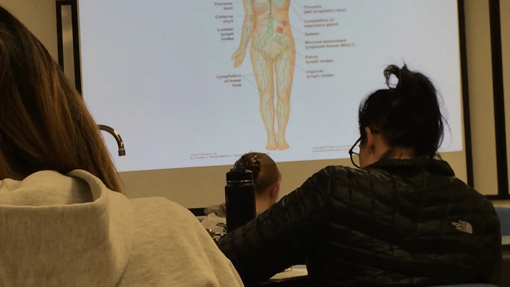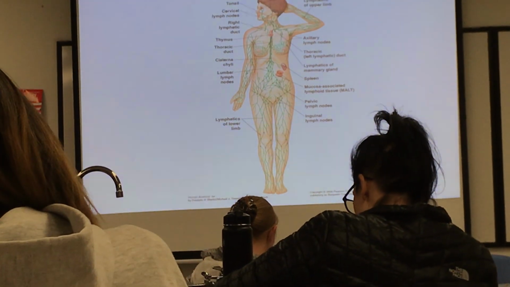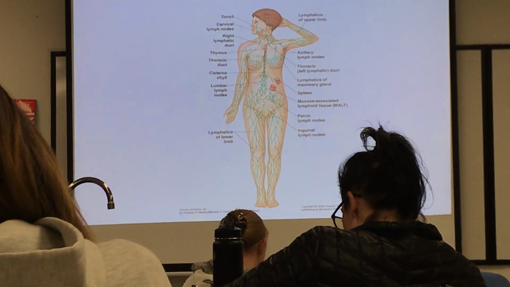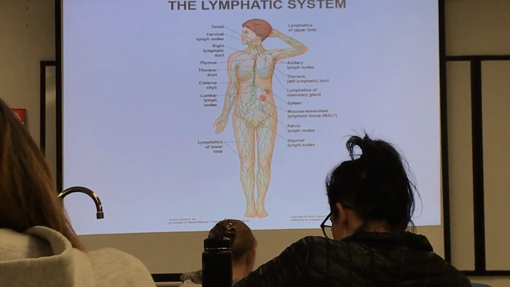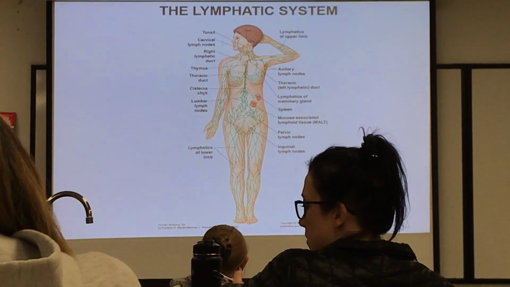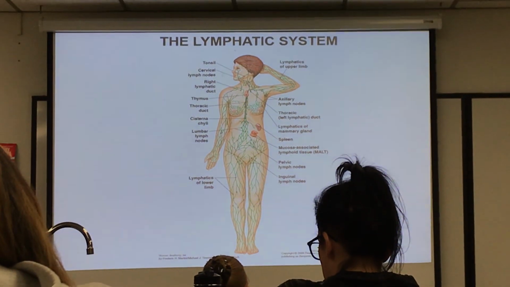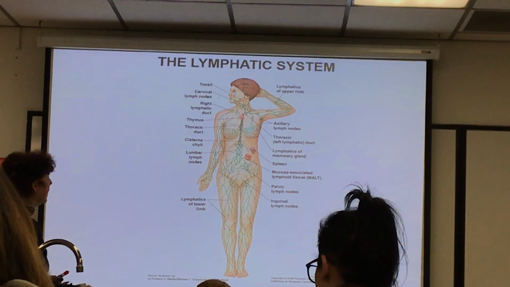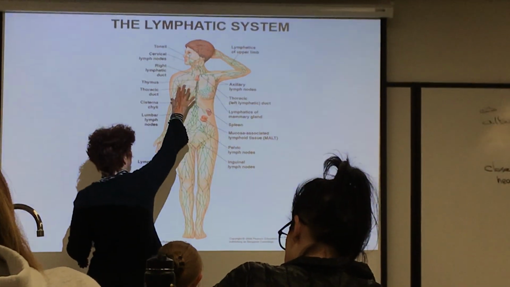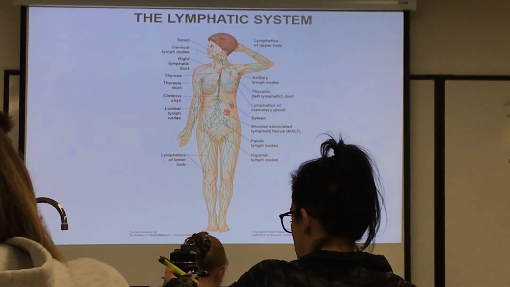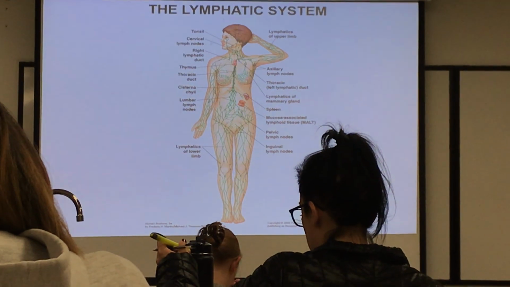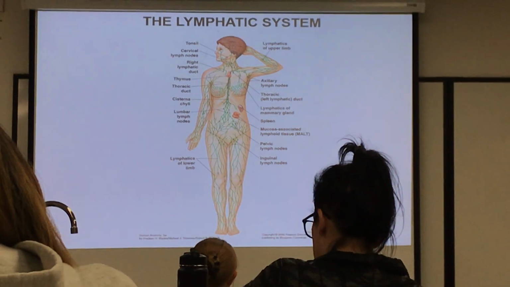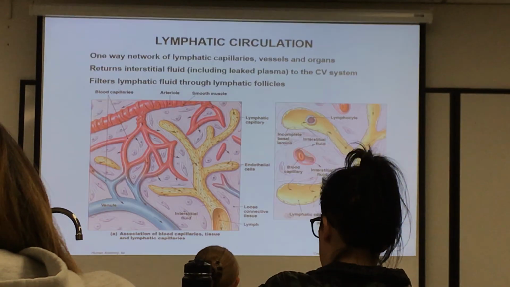You have some of these listed in your lecture notes, but I'm not going to hold you responsible for identifying them for lab. It's just kind of organization. We don't call them veins. Okay, so we just go from lymphatic capillaries to lymphatic vessels to trunks. And then finally we end up with two larger structures called ducts that will carry the lymphatic fluid specifically back to the subclavian vein.